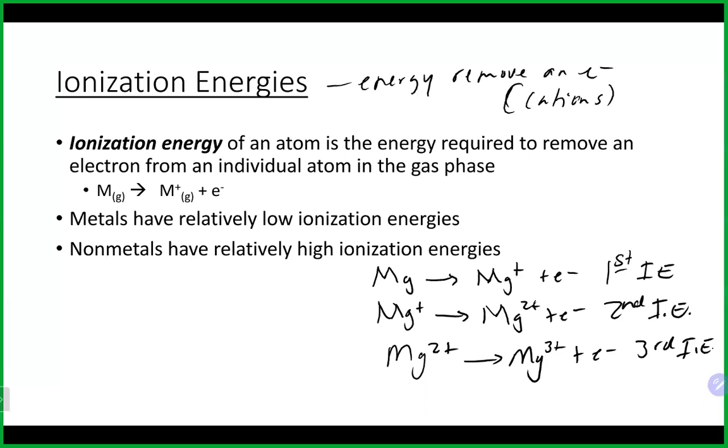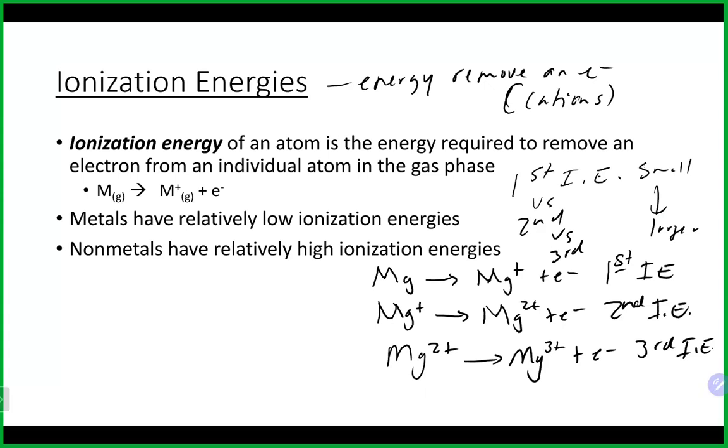So it gets harder and harder to remove electrons after you start removing one, because the electrons that are left are now closer to the nucleus. So the first ionization energy versus the second versus the third actually increases.